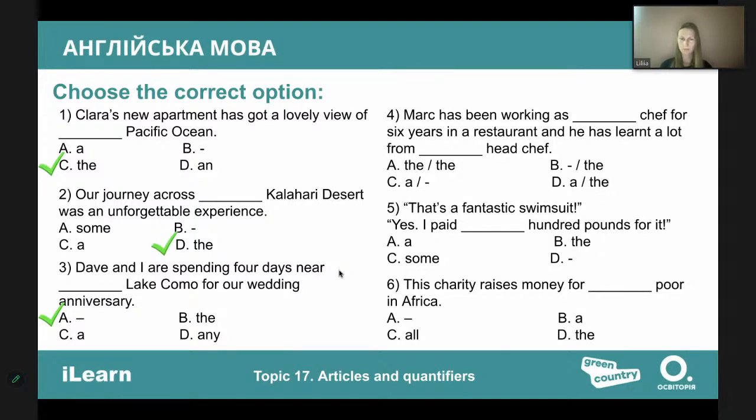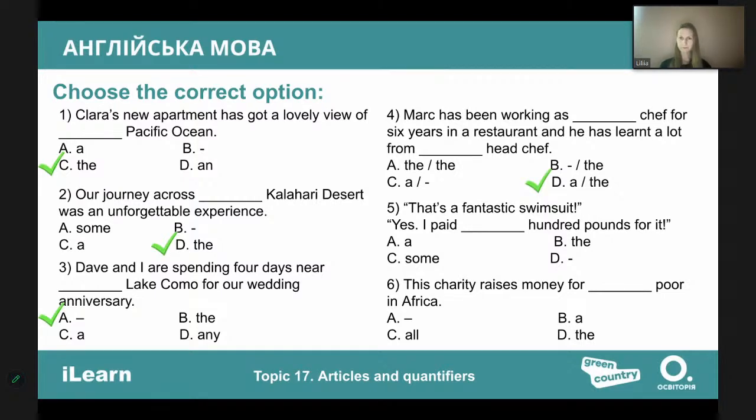Guys, mention what number of the sentence you're writing about, because if you send the letter only, I cannot understand what is what. Okay, number 4. So, he has been working as a chef, article before professions, and he learned a lot from the head chef because that is a specific person.